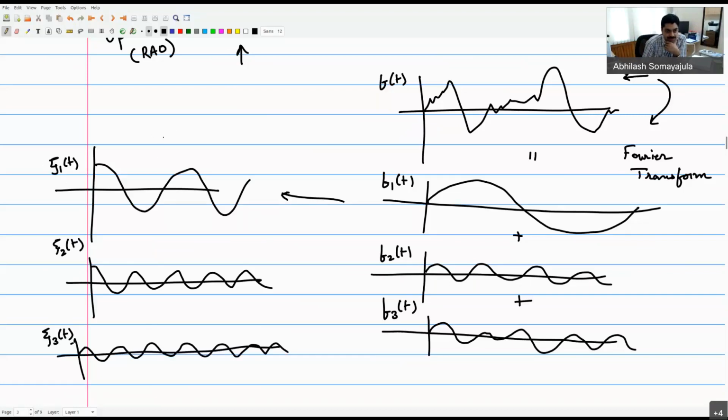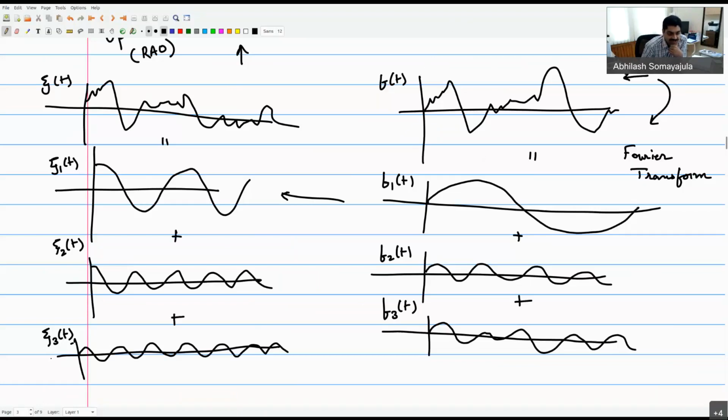And when I add them all up, I should get some random response of the system, which I'll call zeta of t. Okay, so what I'm doing, I'm actually taking the original time history of the wave, breaking it up into regular waves, calculating the forces due to each of those regular waves, calculating the response of each of those regular waves, summing all of them together to get the actual response in irregular waves.